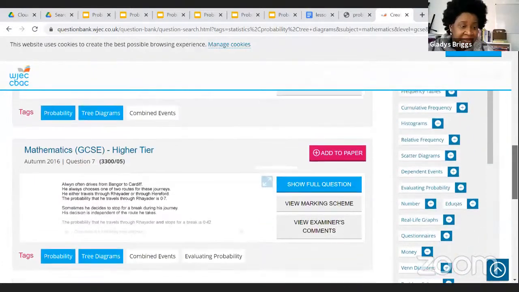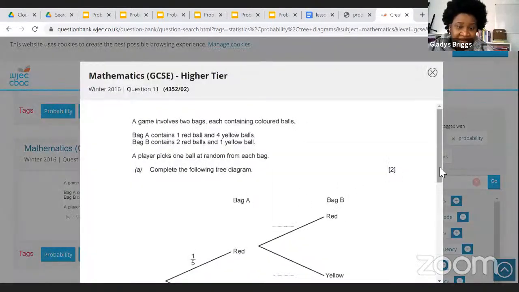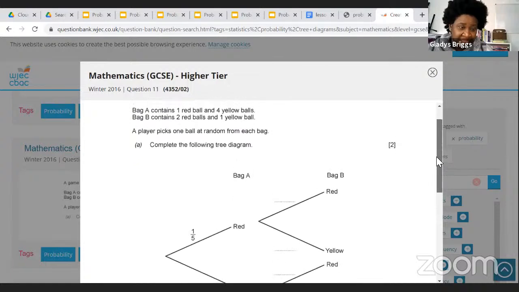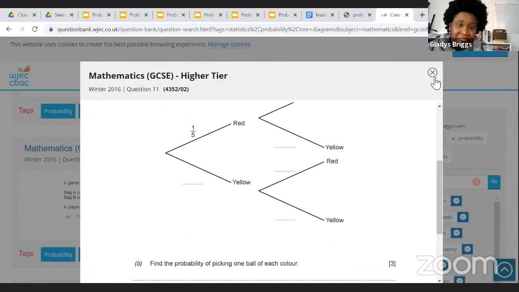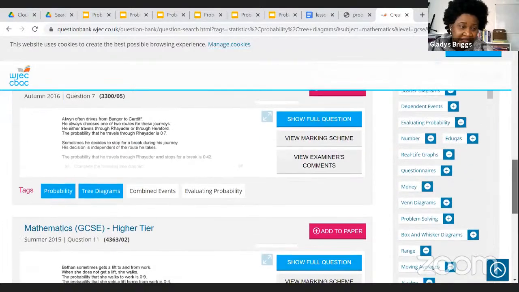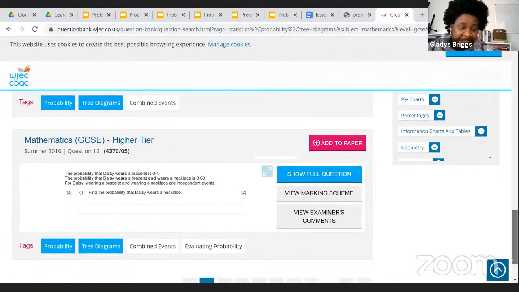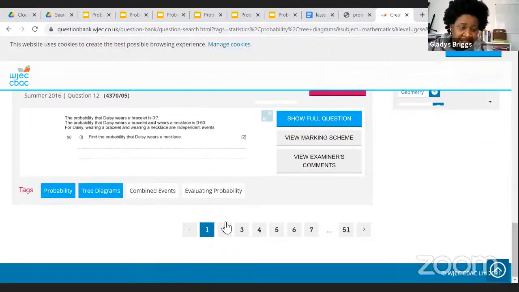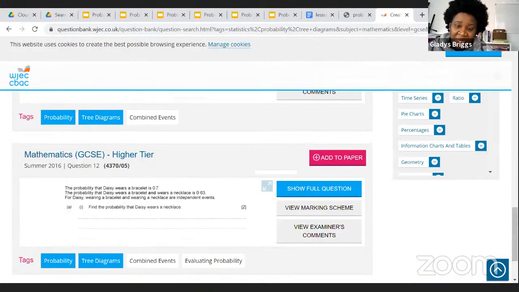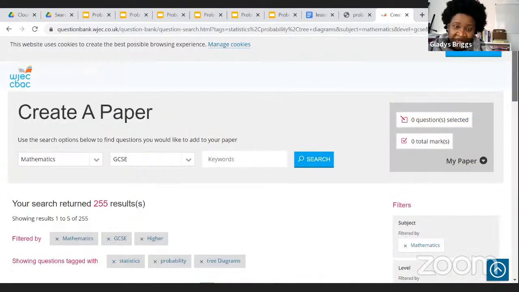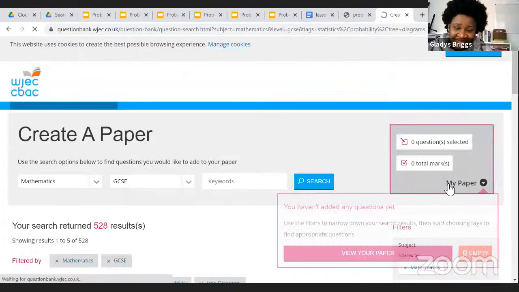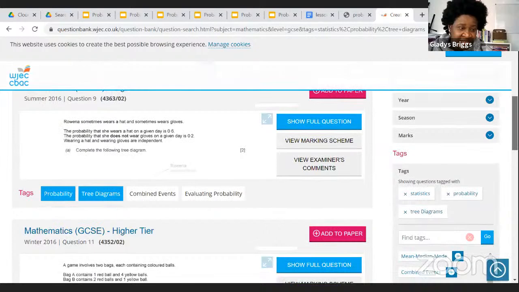Let's have a look at another one. I'm trying to find one. All of them are the same, where you have to complete all this. Let me find some foundation maths ones. Maybe these ones are too hard, I put them on the higher ones.